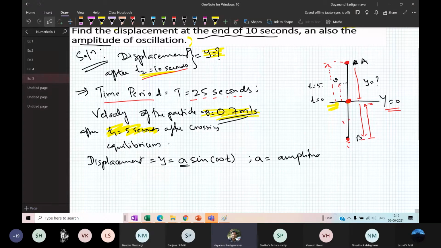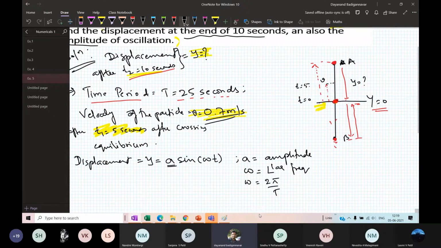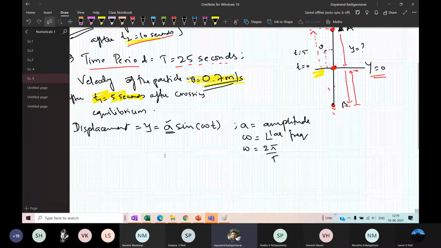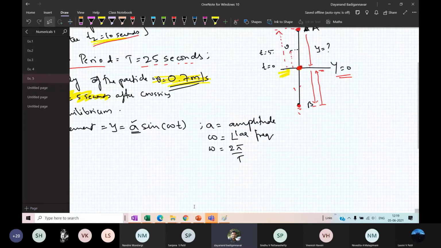Omega is the angular frequency, which is equal to 2 pi by T. You know the value of T, so you can calculate omega. So only a needs to be found. This is the aim now. First find a, then substitute it in the equation for displacement.